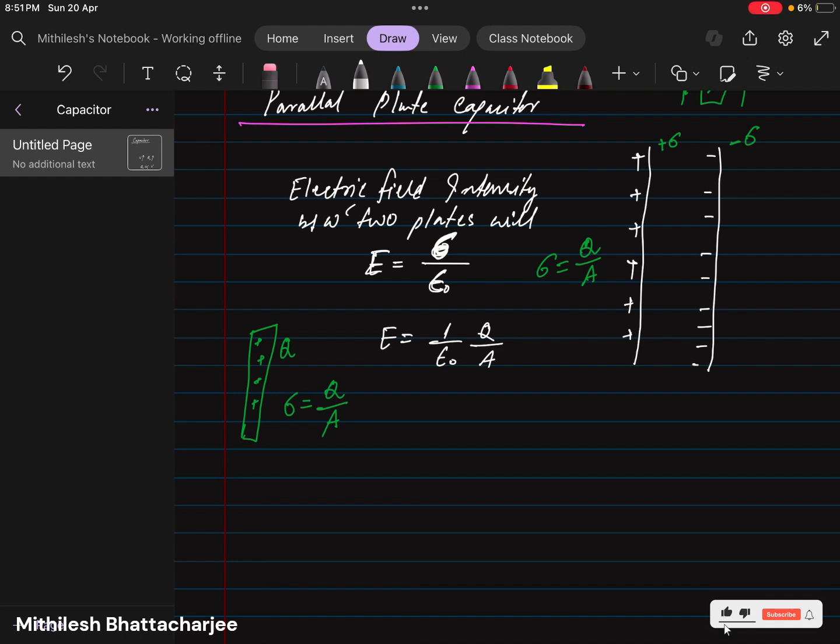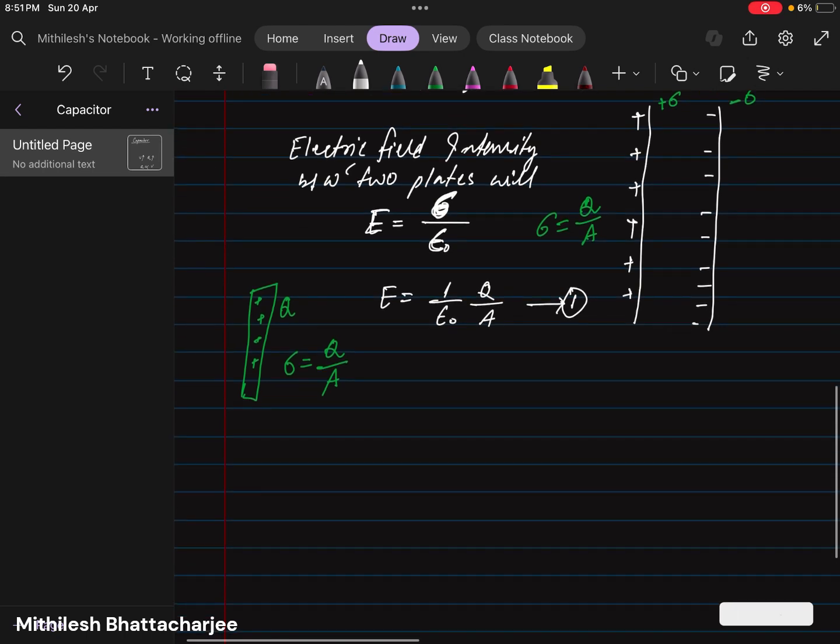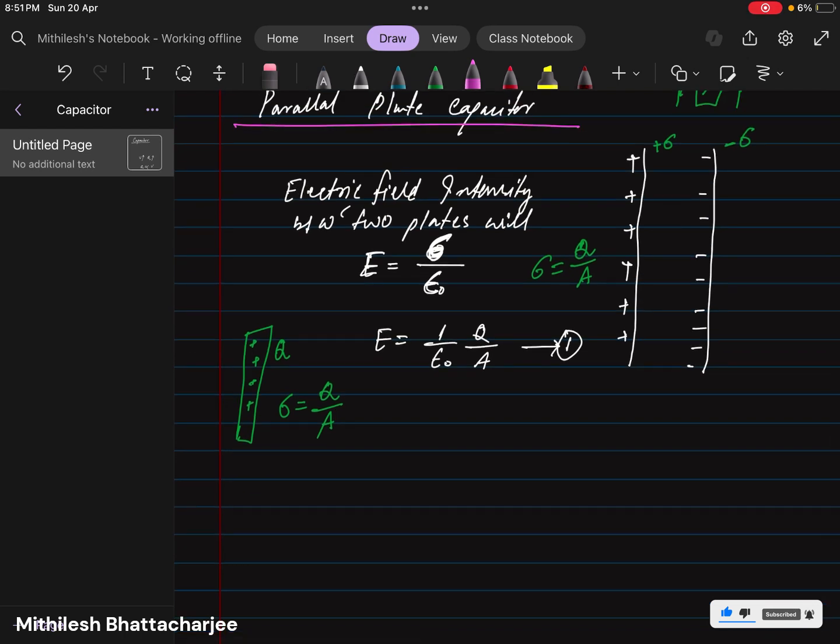So this is denoted as equation number 1. Now see, the electric intensity is uniform between the two parallel plates, plus to minus. Electric intensity is uniform. So we can write, and the space between them is D. So we can write the voltage difference.